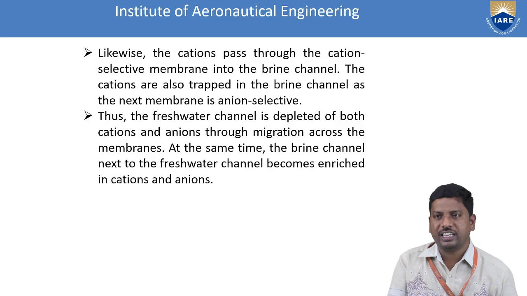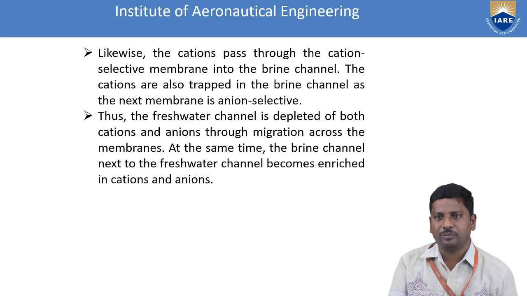Likewise, the cations also pass through the cation selective membrane into the brine channel, and are trapped in the brine channel because the next membrane is anion selective. That means the cation movement continues only up to the anion selective membrane. The freshwater is thus depleted of both cations and anions through migration across the membranes.